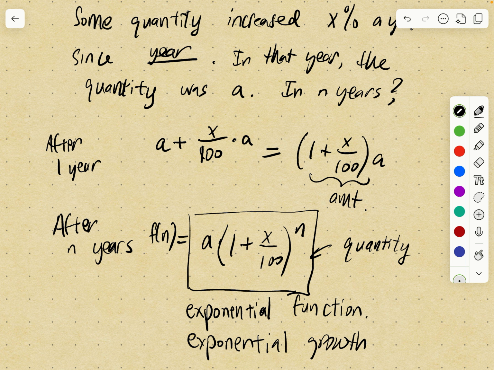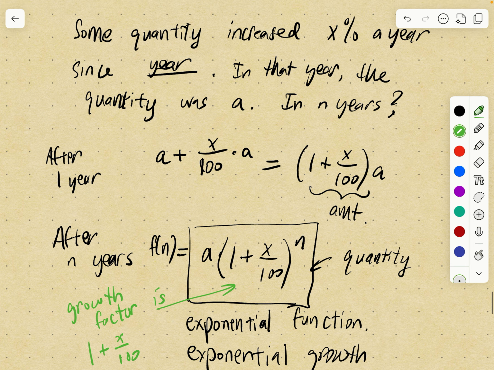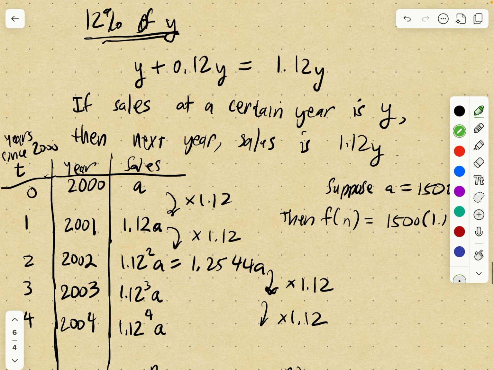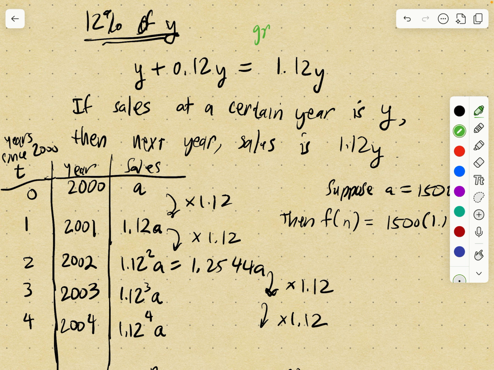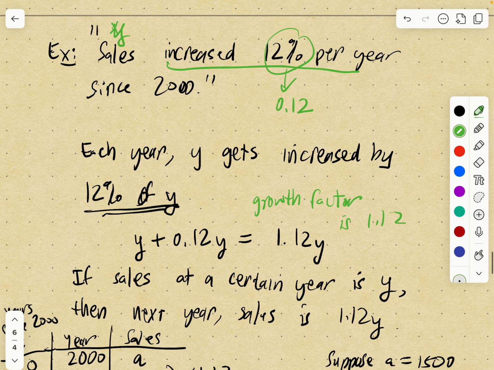You have growth multiplied by an exponential function, that's exponential growth. So our growth factor, to use that term we had before, our B, is 1 plus X over 100. In the previous example, the growth factor would be 1.12. So when sales are increasing 12% a year, that's exponential growth with a growth factor of 1.12.